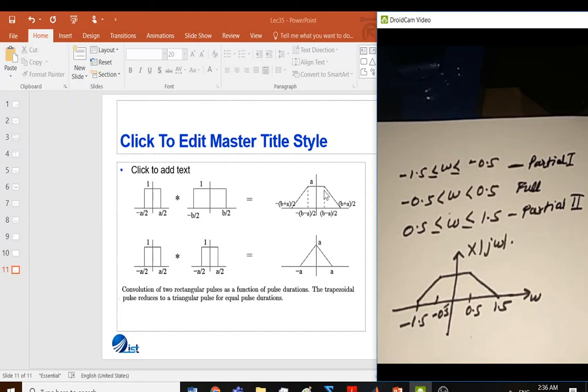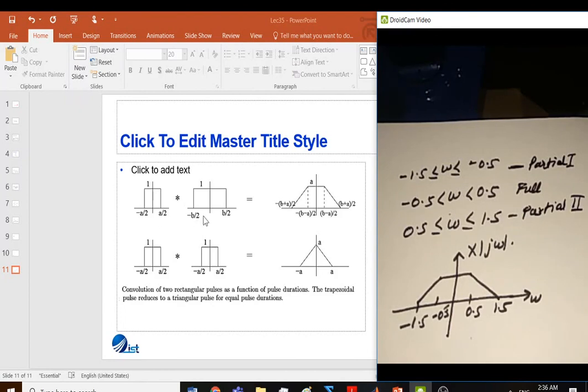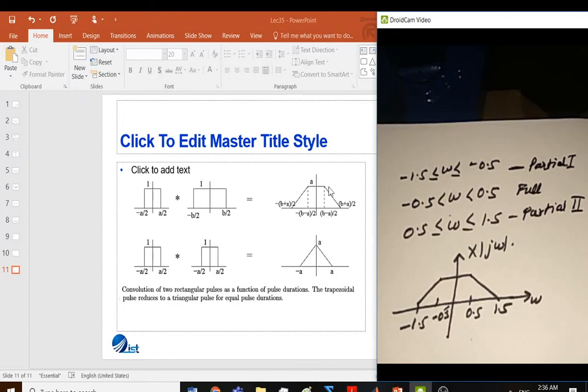I'll just summarize the starting and ending points. Whenever two pulses are convolved, the starting point is always going to be the sum of the starting points of these two, and the ending point is going to be the sum of the ending points of these two, and the flat top is going to be equal to the length of the smaller pulse.